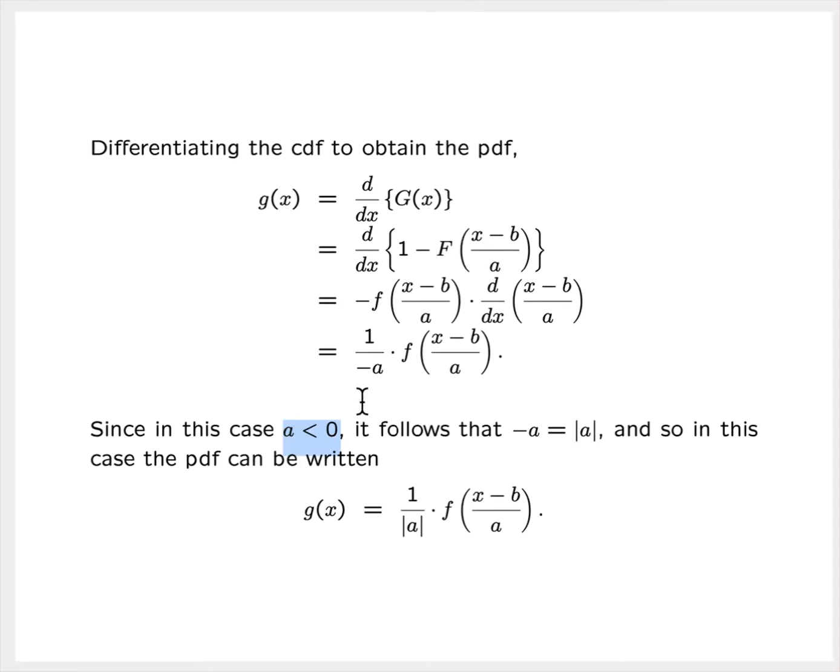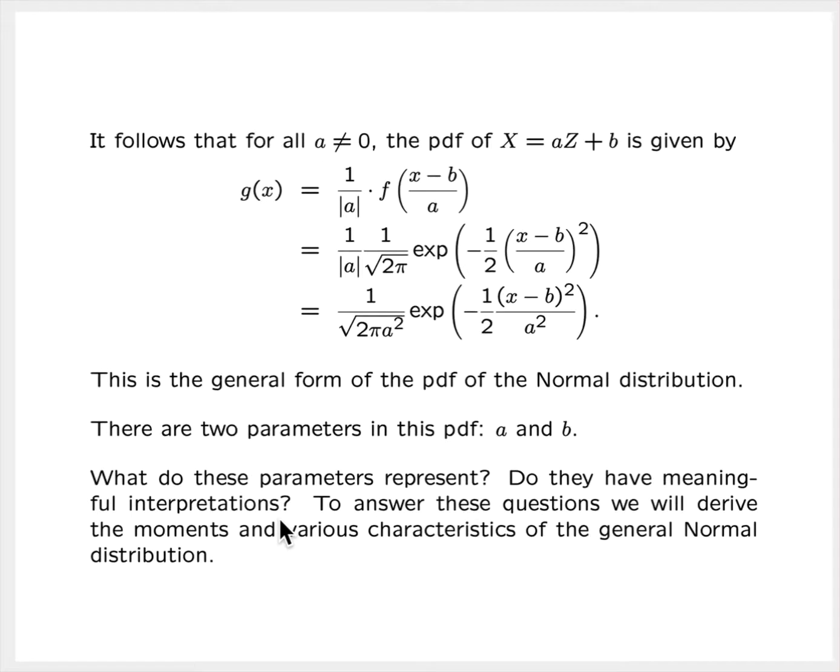The negative of a negative number is positive, so negative a is equal to the absolute value of a. So again, we can express the PDF of X in this way, and if you go back and look, this is exactly how we expressed it in the previous case. It follows that for all non-zero a, the PDF of the random variable X equal to a times Z plus b is given by this expression.